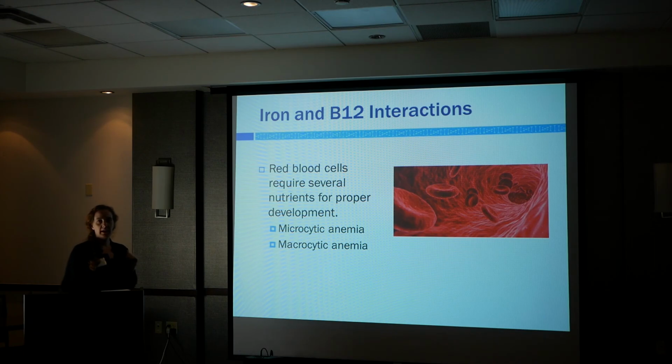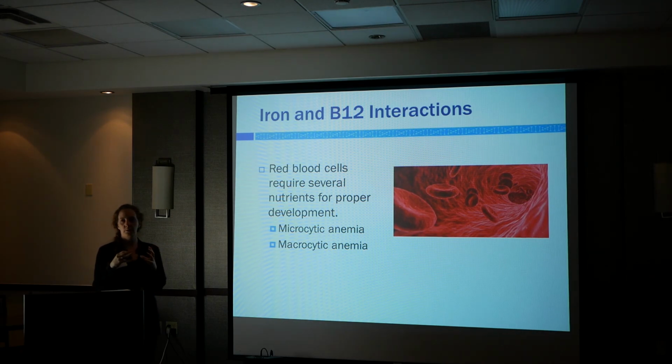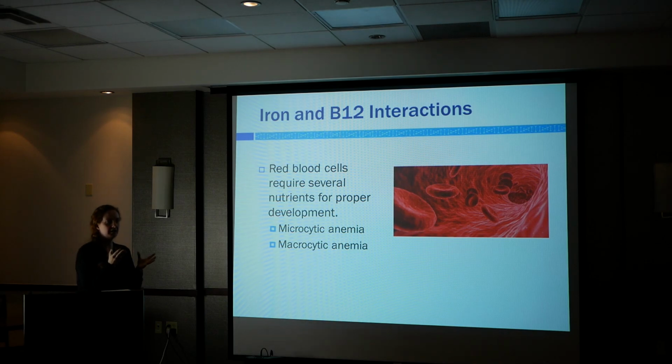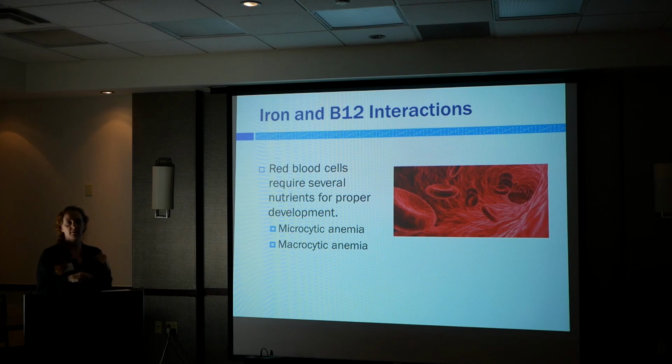Also, a connection between iron and B12. We know this. You need iron and you need B12 to have a normal size and development of the red blood cell. And when we were talking about pernicious anemia, one thing about pernicious anemia is that they have both low B12 and low iron levels, and that's what causes the anemia.